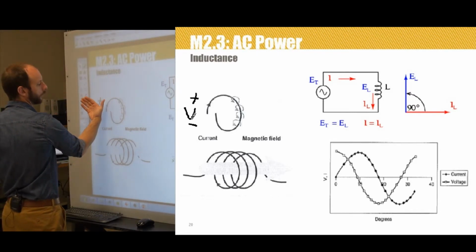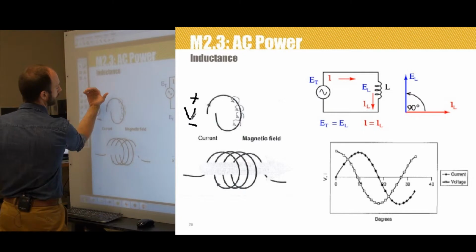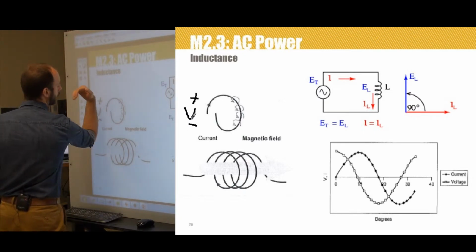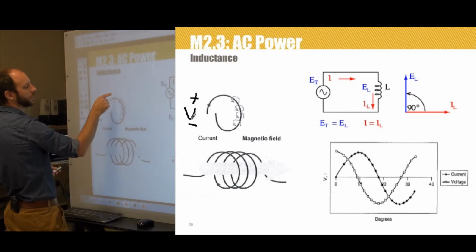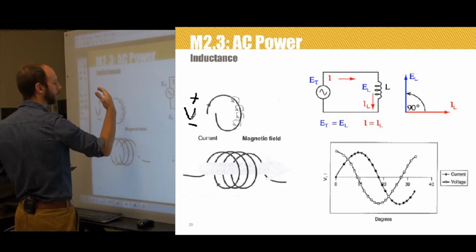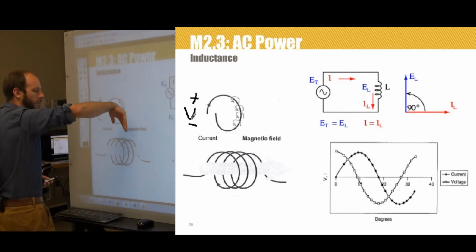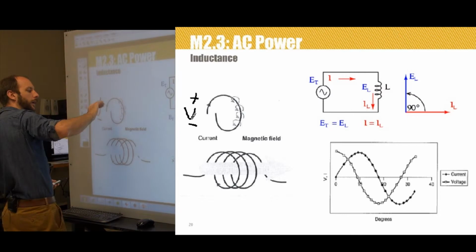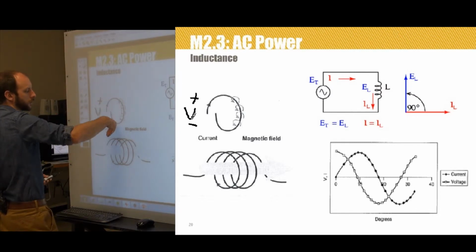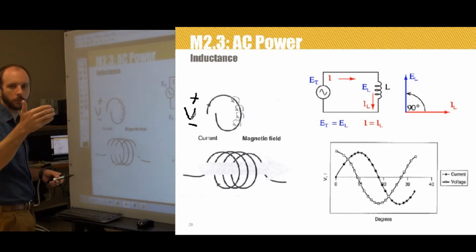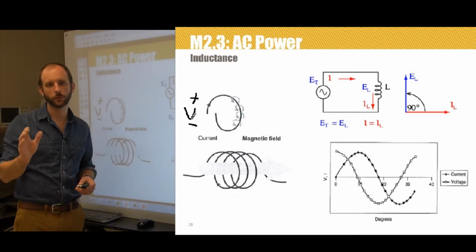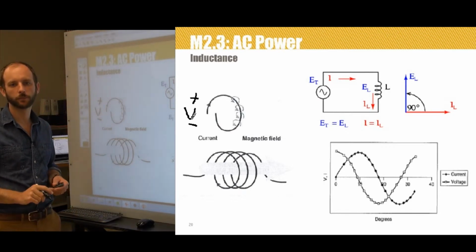The magnetic field is coming out of the board at the top and going into the board here. The direction of the magnetic field vectors is all determined by what we call the right-hand rule: you point your thumb in the direction of current flow.